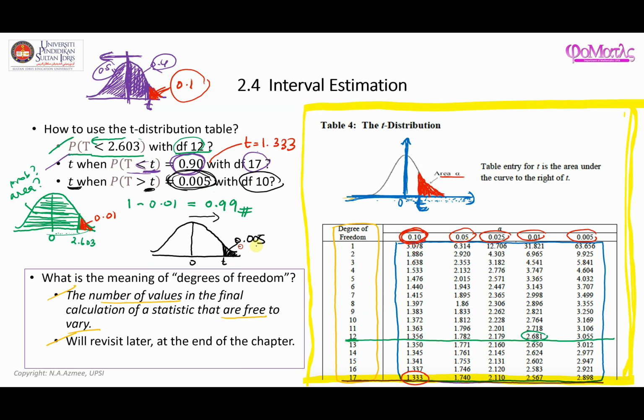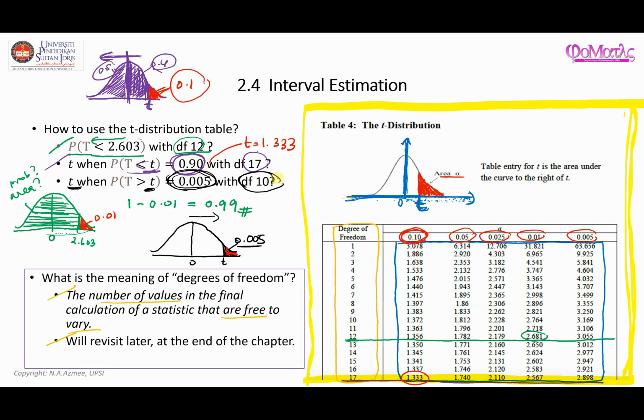Okay, so based on this, we can read the table directly. We can get the answer directly because the area given in the question here is similar to the area sketched on this table. Now we go to degrees of freedom 10.